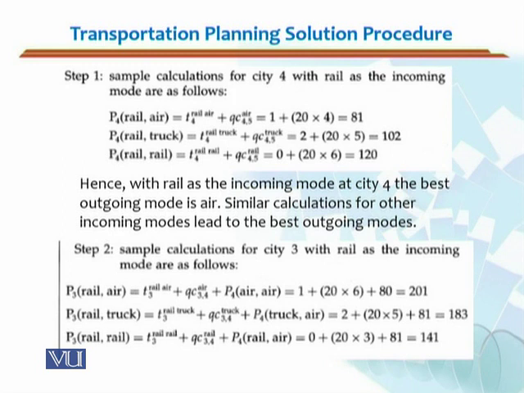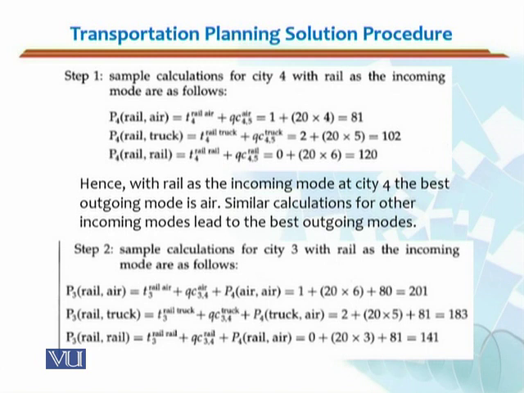Then you will calculate it for city 3. So from city 4 you will move backward to city 3. I have given these sample calculations for city 3 as well. Of course, it would be based on the recursive function used in backward induction, like dynamic programming. So P3, for example, I'm taking the same rail to air.